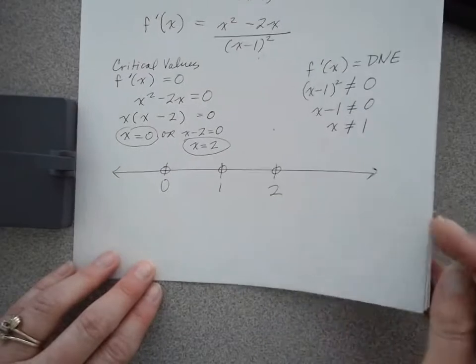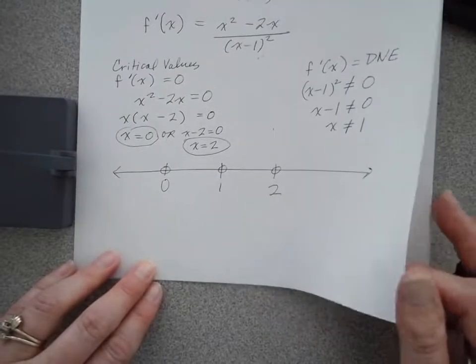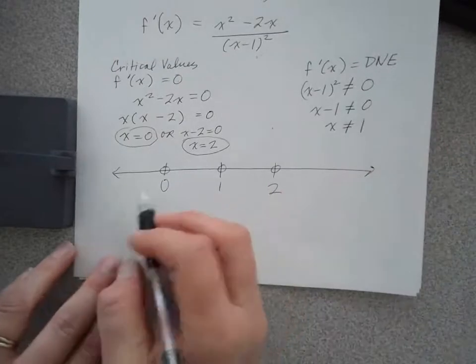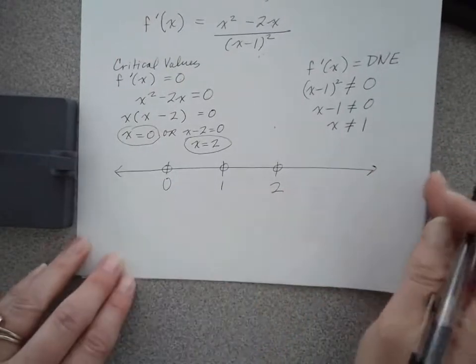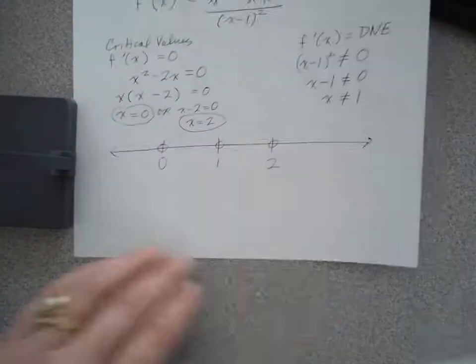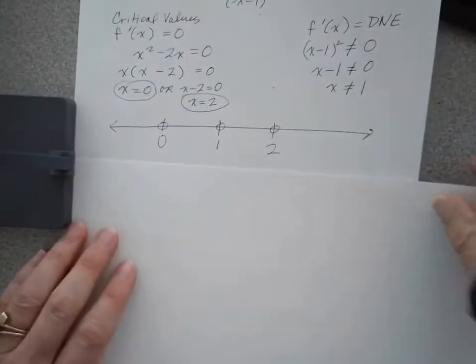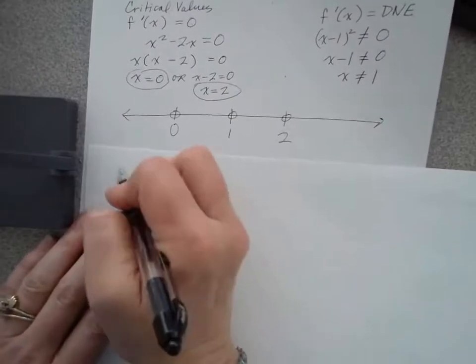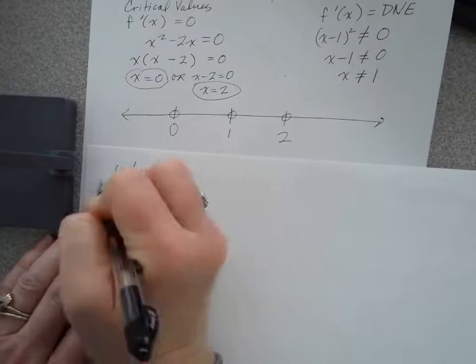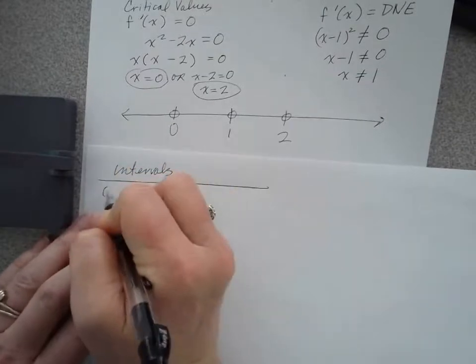So then you're going to want to set up a chart with those intervals. So what's this first interval? Okay, so the intervals. The first one is negative infinity to 0.